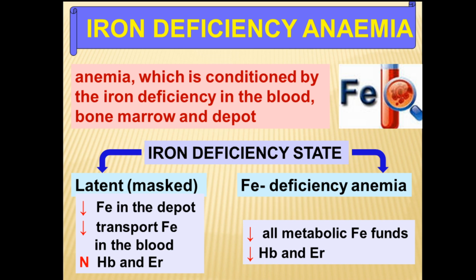When the anemia is pronounced, all metabolic funds of iron are decreased, and we can reveal signs of anemia in peripheral blood due to decreased count of hemoglobin and erythrocytes.